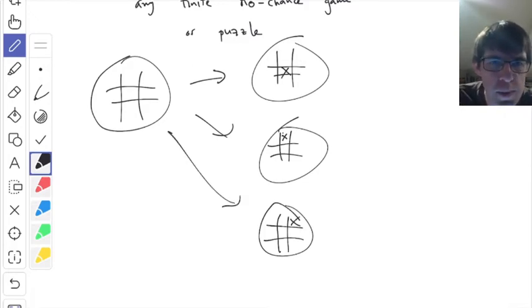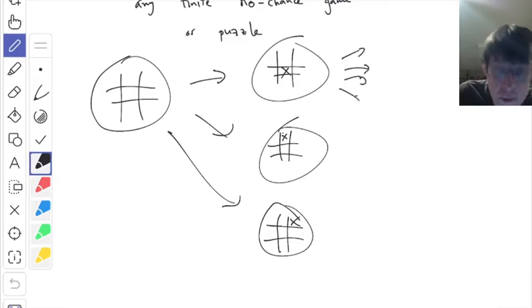Other possibilities would be some kind of symmetric version of those same boards. And then each of these has several moves that the other player could take. But anyway, you could, in theory, just write out all possible configurations of moves on a tic-tac-toe board in a giant DFA. And then if you're actually playing tic-tac-toe, you could use this giant diagram as reference and basically win every time, or at least tie every time, because that's how tic-tac-toe works, right?